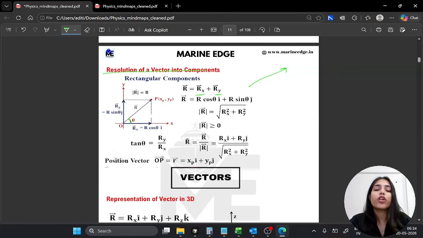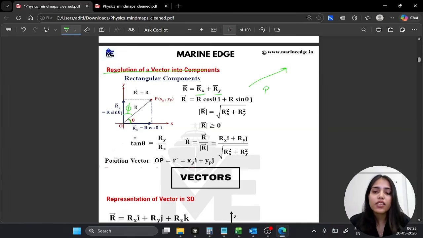Whenever we talk about the horizontal or vertical component, the angle shared by the base and the vector is the one we take cos of. So here the resultant will be R cos theta, because theta is shared by the x-axis and the vector. So R cos theta in the x direction and R sin theta in the y direction.